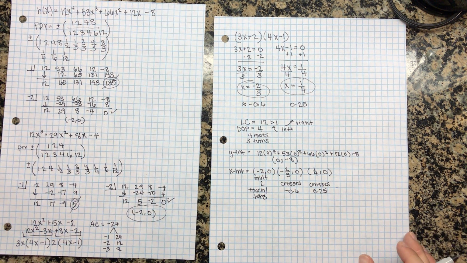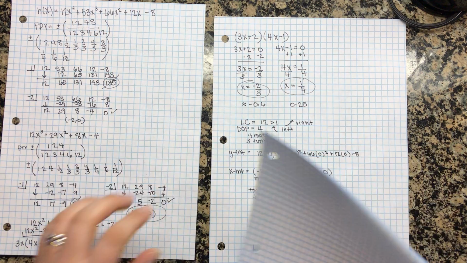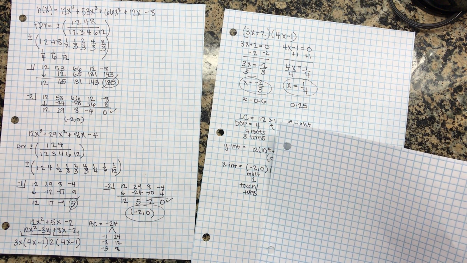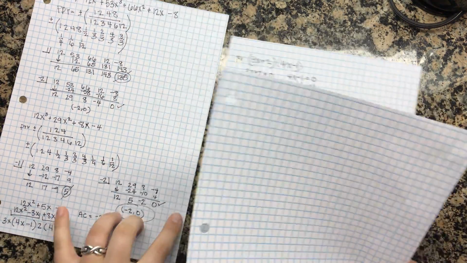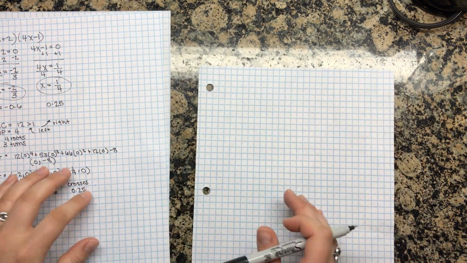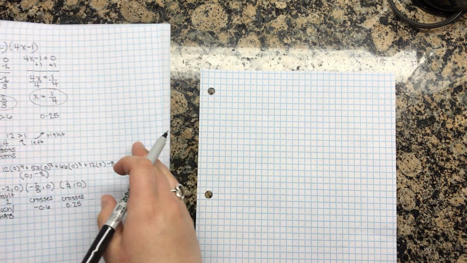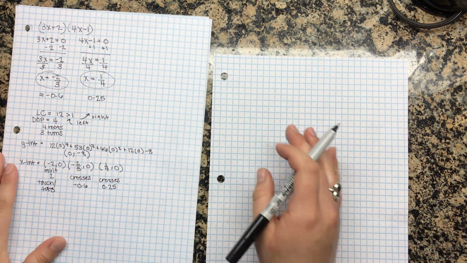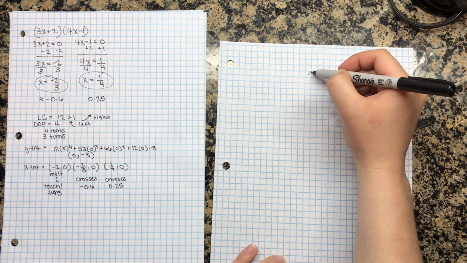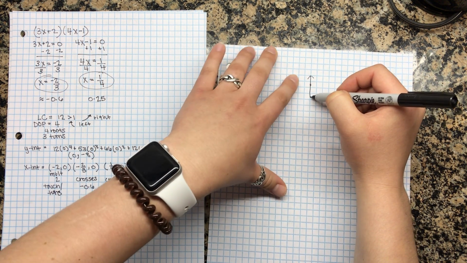So when we go to graph, I have another page first to graph on. When we go to graph, we have all of our graphing information right here, and then we draw our graph.